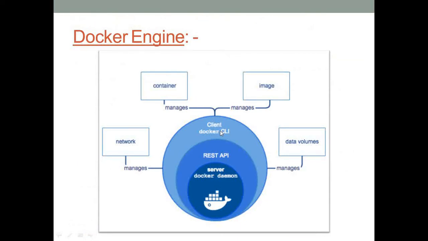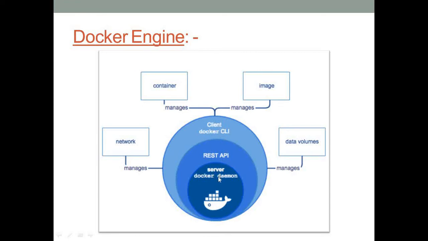So this is the Docker engine. When we install Docker on our machine, we have three things. First is the Docker daemon, then the Docker CLI, and between them a REST API that works between the Docker CLI and the Docker daemon to exchange data.